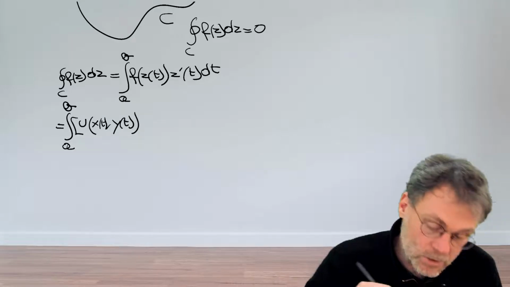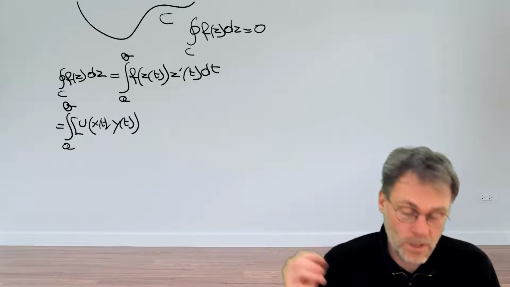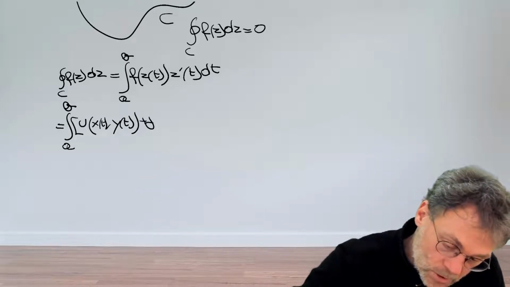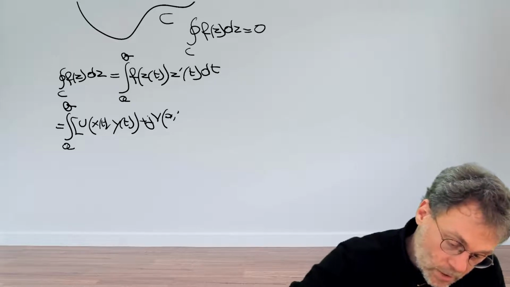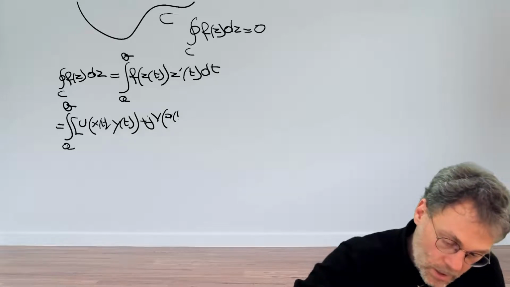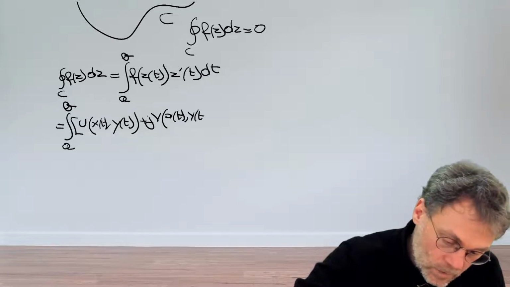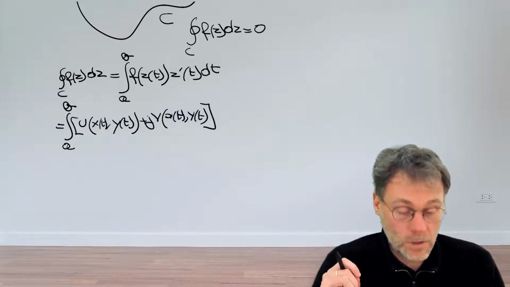So we integrate over t. So this is the real part of f. And then we can also write that jv depends through x and y on t. So v is a function of x of t and of y of t. So this is our first factor.